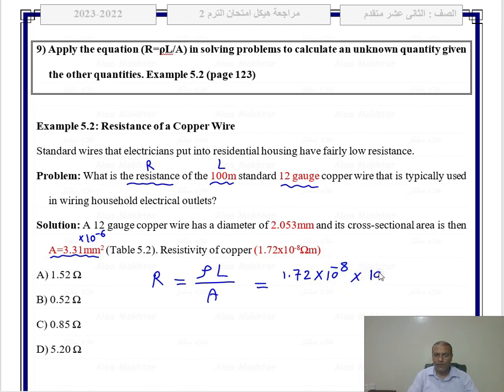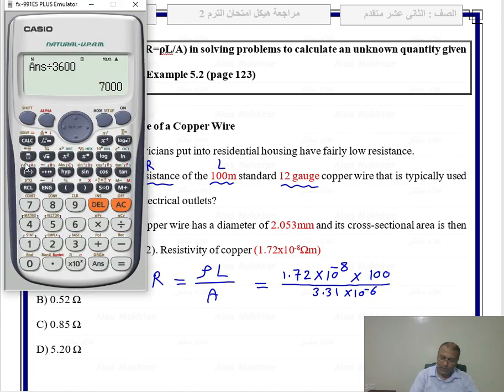Length is 100, divided by area 3.31 into 10 to the negative 6. Using your calculator, 1.72 into 10 to the negative 8 times 100 over 3.31 into 10 to the negative 6 gives 0.52 ohm.